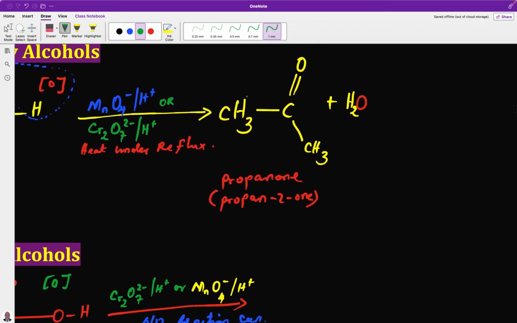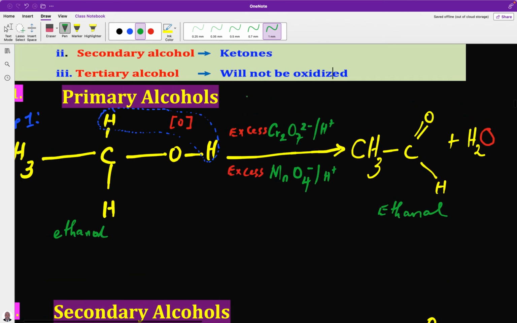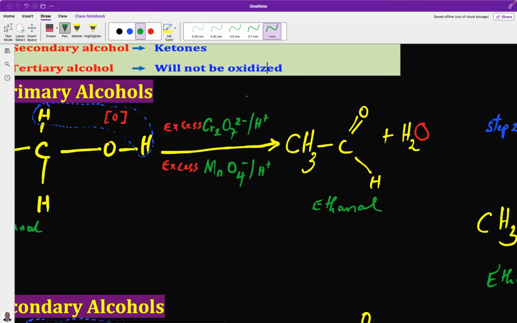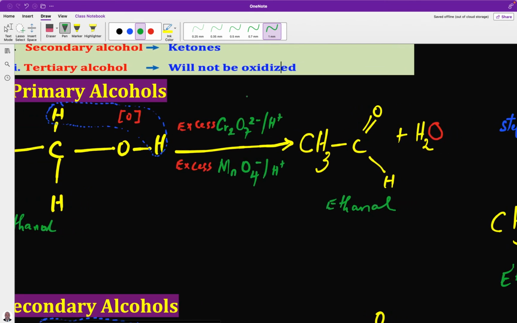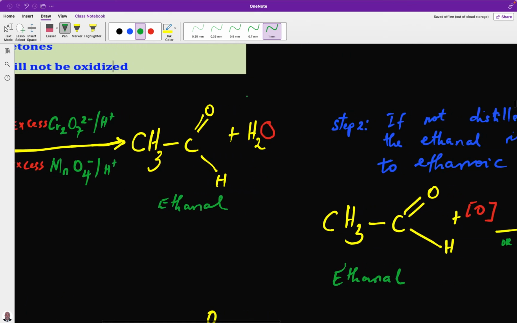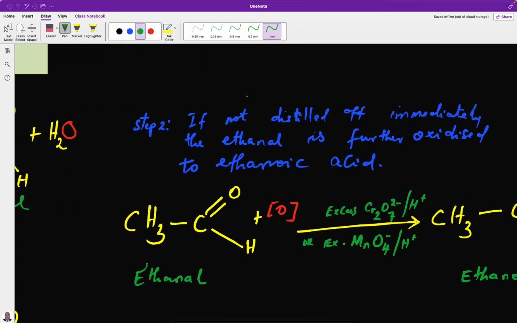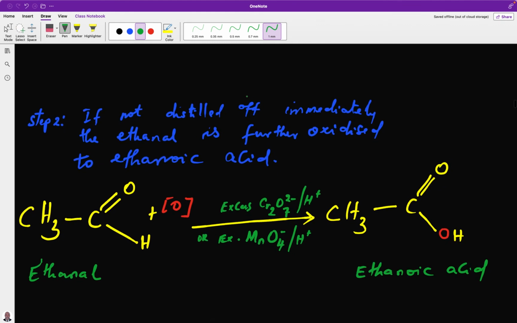For secondary alcohol we had a ketone. For primary alcohol, with the same reagent, we had an aldehyde: ethanol was oxidized to ethanal. Then further oxidation occurred if the ethanal was not distilled off, where ethanal was further oxidized to the corresponding carboxylic acid, which is ethanoic acid.